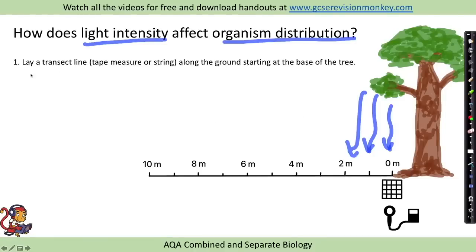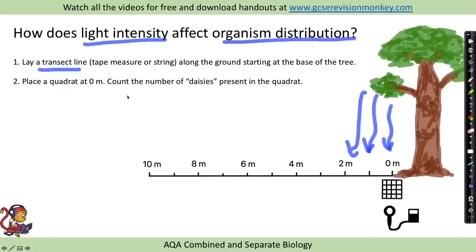So what we do is we'd lay a transect line, this could be a tape measure or some string, along the ground starting at the base of the tree. We would place a quadrat at the 0 metres mark and count the number of organisms, so for example daisies, or it could be something else that you're looking at, present in the quadrat.